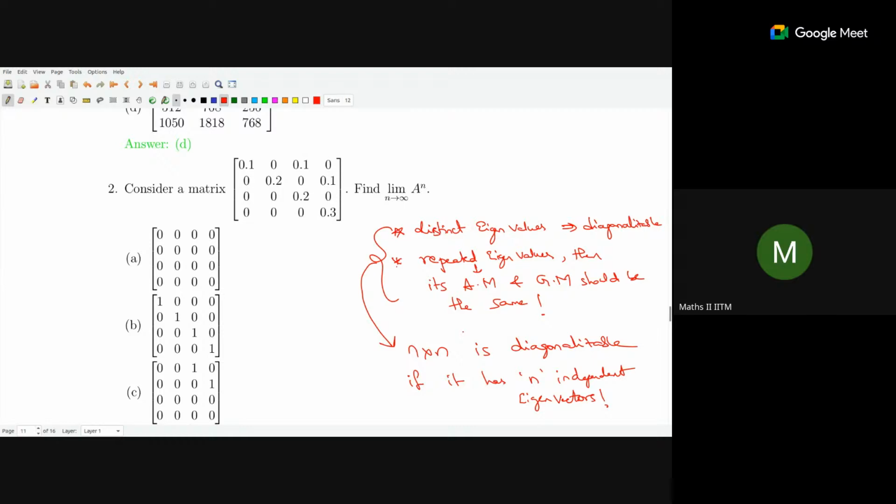Just like that, if it is repeating m times, the algebraic multiplicity is m, and if the geometric multiplicity is m, then it has m distinct eigenvectors corresponding to the same eigenvalue. For the other eigenvalues, you will get their eigenvectors. So if you combine all those things, for an n cross n matrix you need to have n independent eigenvectors. This is one thing you observe in higher dimensional matrices.